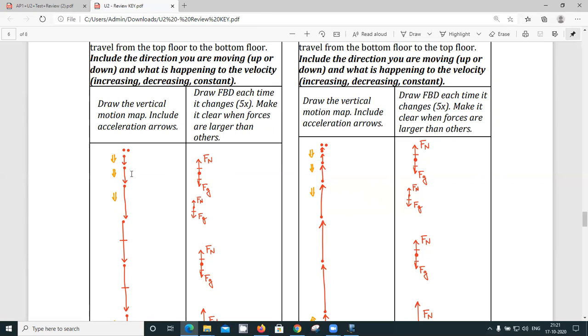I couldn't hear you. The length of the arrow is increased, right? So what does it mean? It's going faster. The acceleration. But is acceleration constant or different? It's changing.